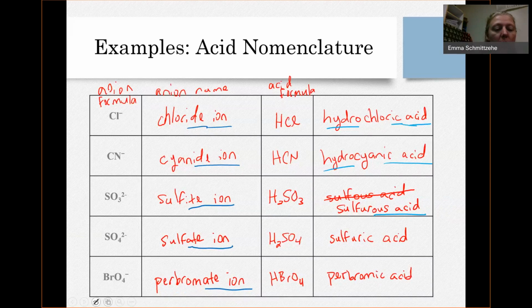And so that's just applying those rules to convert the name of the anion to the name of the acid. And that's a little unusual way to look at it, just because we're usually not talking about the anion. We're actually directly given either the acid formula or the acid name.